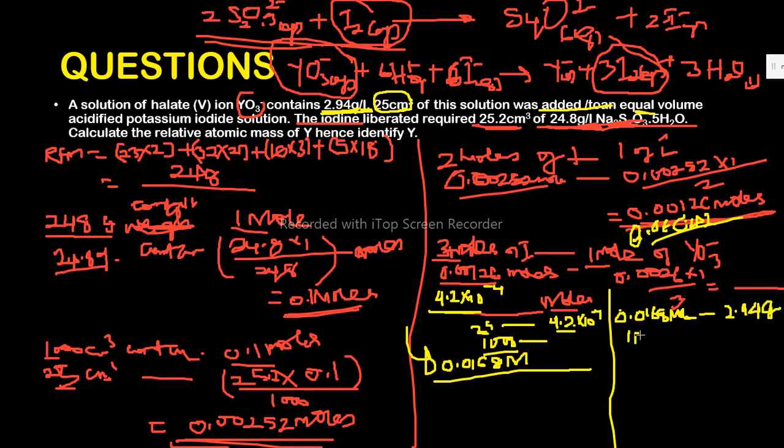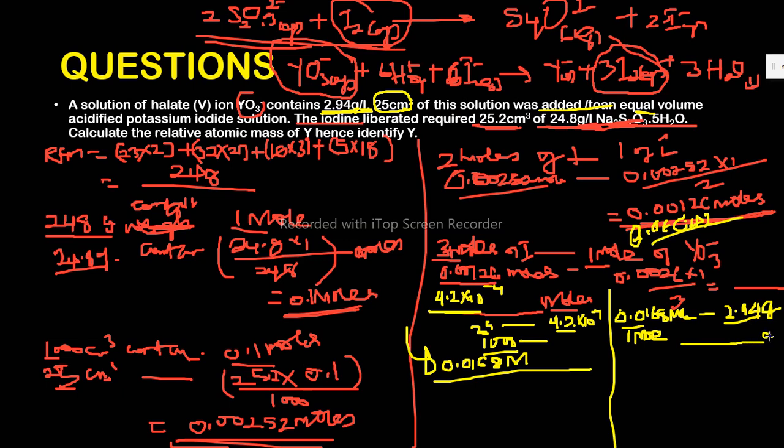Why are we doing this? We want the RFM of this iodate, so that from the RFM we get the RAM. So one mole is going to weigh how much? This divide by this. Can you get the answer for me?